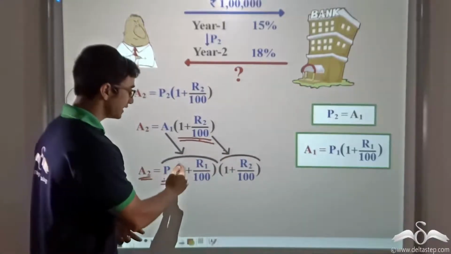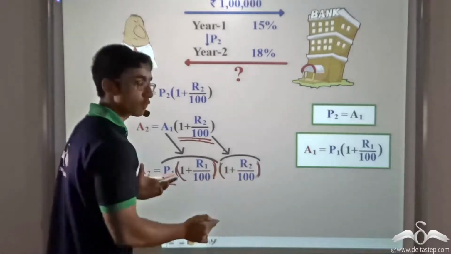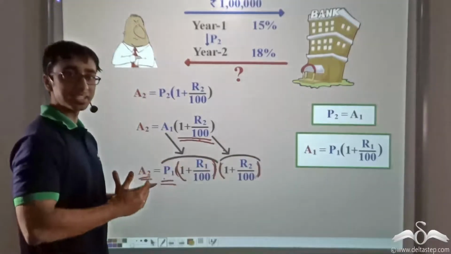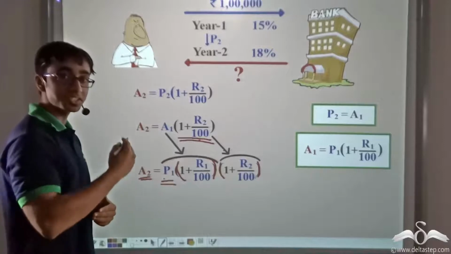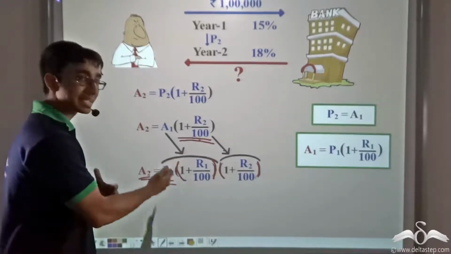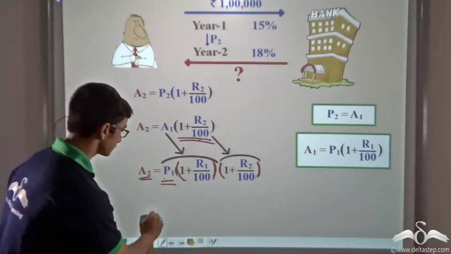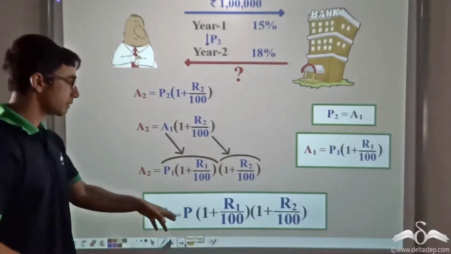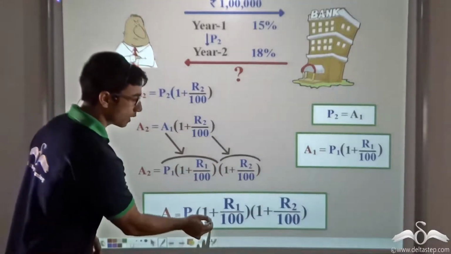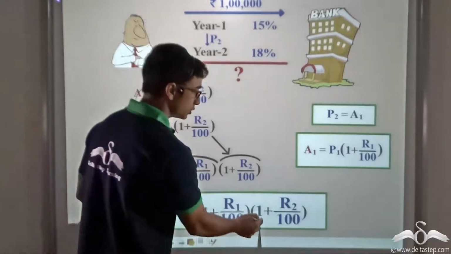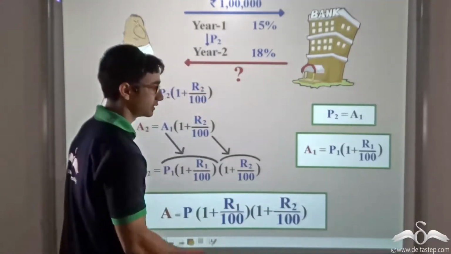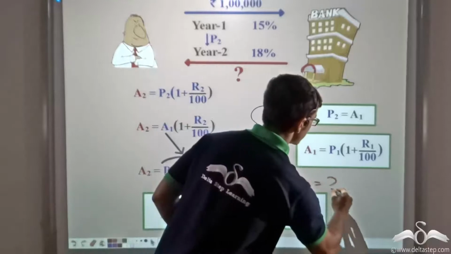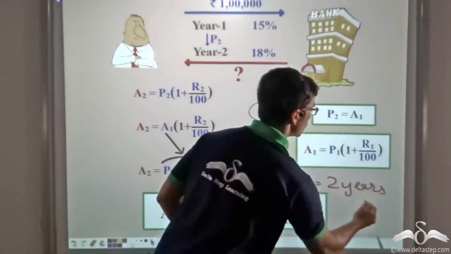We will have to calculate this particular term for n such years, given that each year there is a different rate of interest. So I can generalize this and say A will be equal to P into 1 plus R1 by 100 into 1 plus R2 by 100 when n is equal to 2 years.